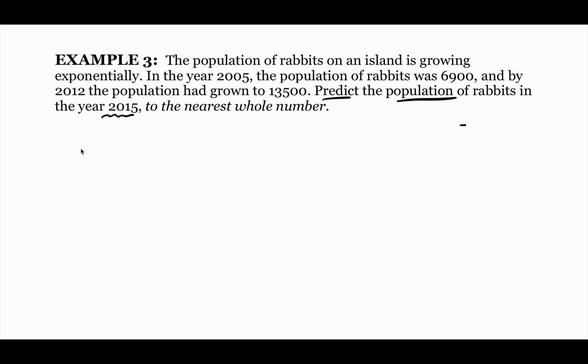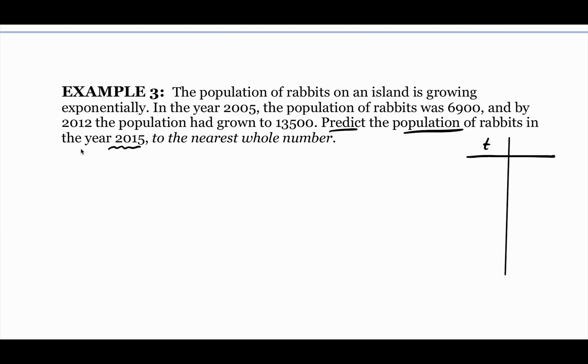Okay, so let's draw a picture here. T is years again for this one. F of T is going to be the number of rabbits, because that's what we have to predict.